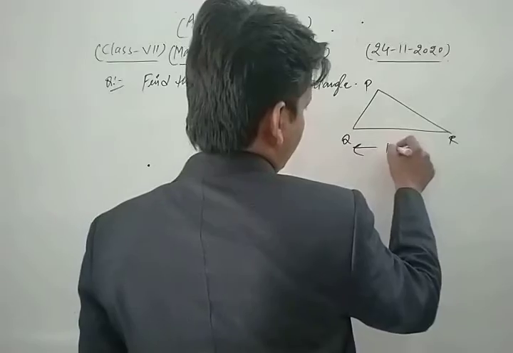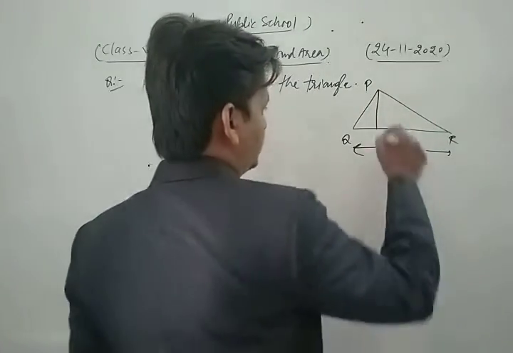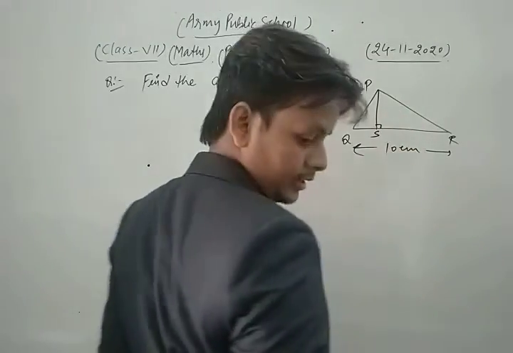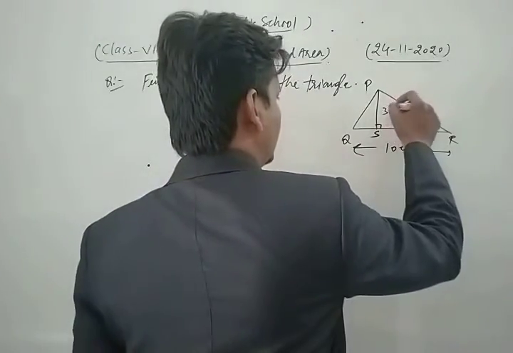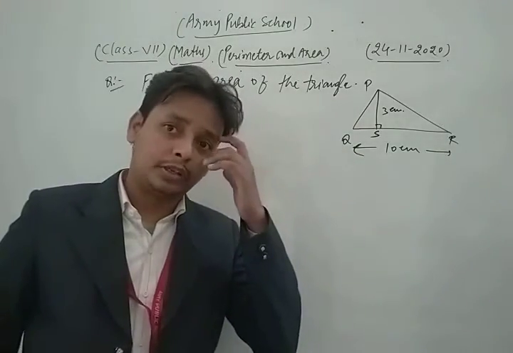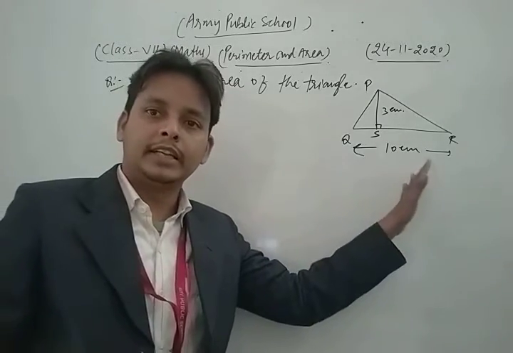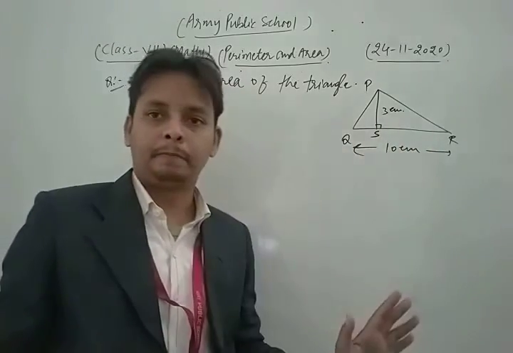Okay, this is given as 10 centimeter, and PS is given as 3 centimeter. Okay. Look at this question. Dear students, this is the question here, and what we find is the area of the triangle PQR.